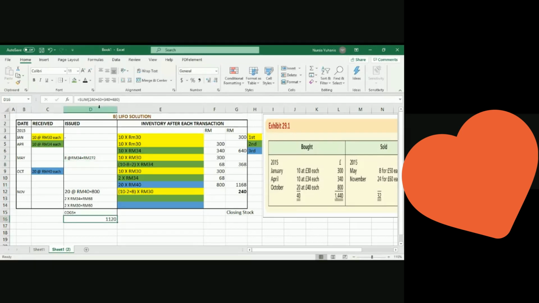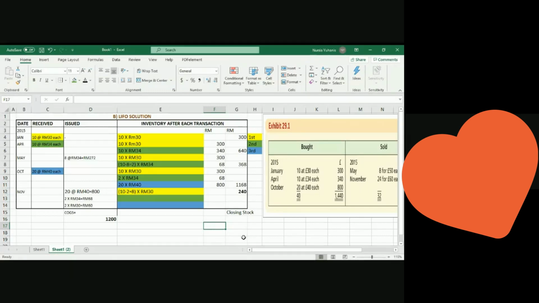So now we just put in the equation 272 plus 800 plus 68, and then the last one is 60. So now your cost of goods sold under the LIFO method is 1,200, and the closing stock amount under the LIFO method is 240.